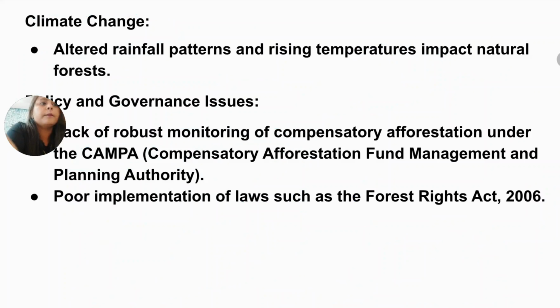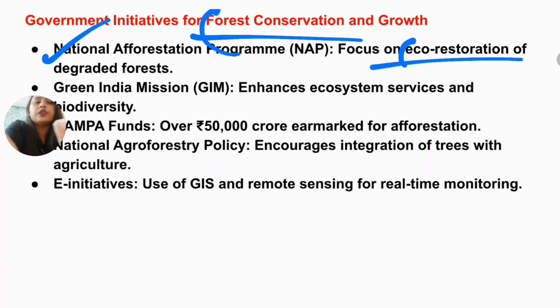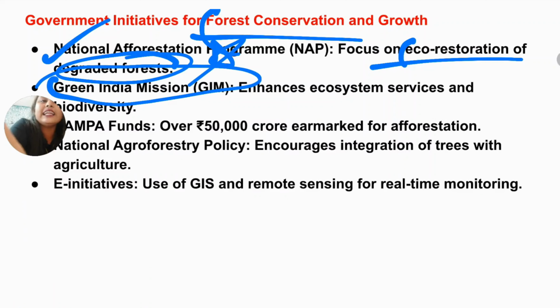So what is the government doing to protect forest conservation and promote forest growth? We have a National Afforestation Programme, which focuses on eco-restoration of degraded forest. It's a very good program. Most importantly, we have the Green India Mission, which is enhancing ecosystem services and biodiversity.